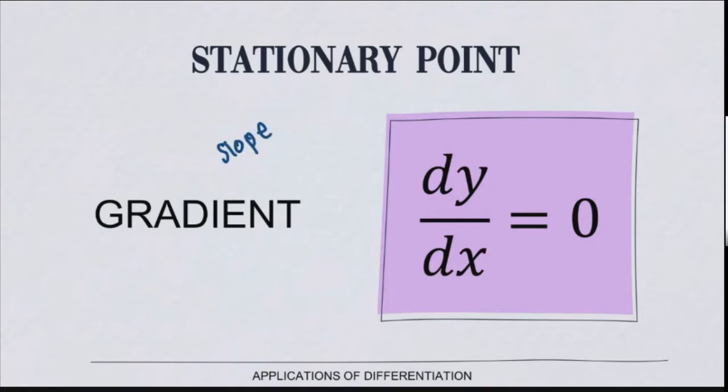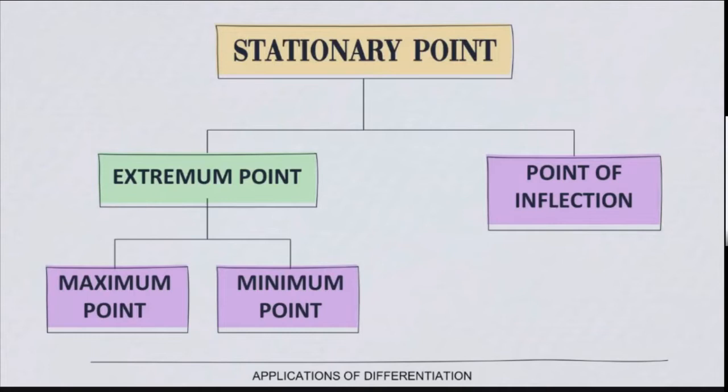Next, for stationary points there are three main types: maximum point, minimum point, and inflection point. A stationary point is known as a turning point if the point is a maximum or minimum point, so an extremum point can also be called a turning point.